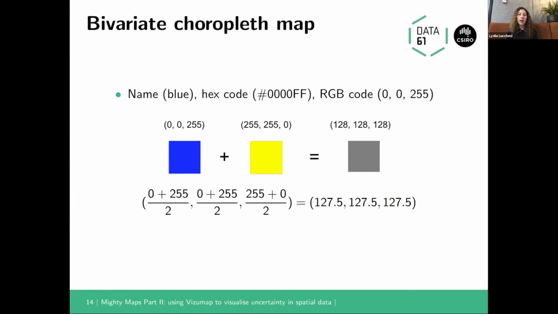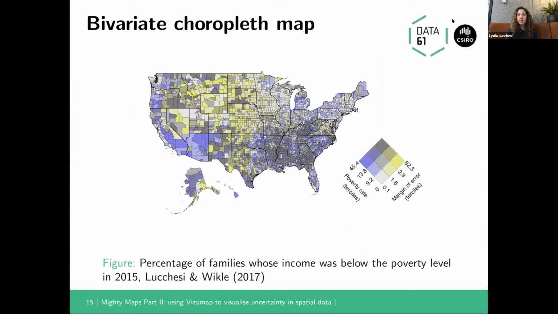Here's a summary of how we average the RGB components to get a new color. And here's an example map. So here we're visualizing the percentage of families whose income was below the poverty level in 2015.